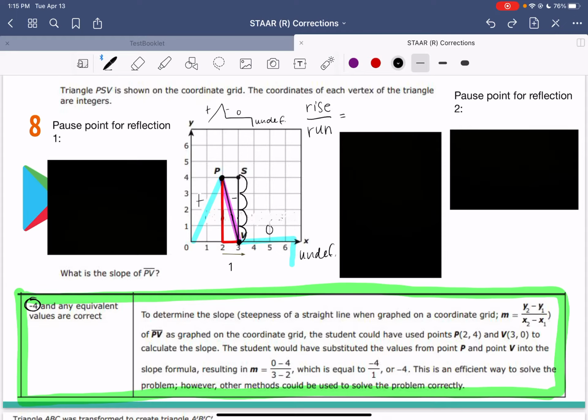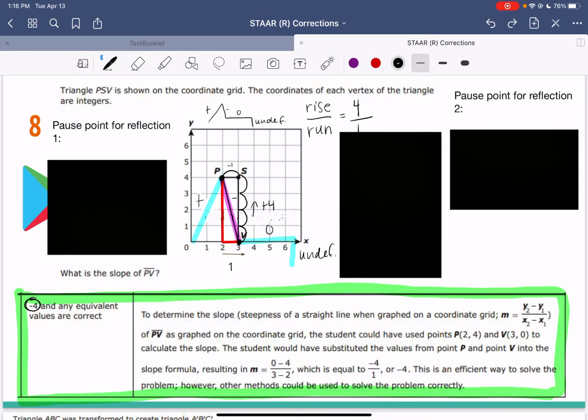So our rise is going to be 4, and our run is going to be 1. So we have that 4 over 1, and the problem here is that when we go to the left, that's a -1. If we go up, that's a +4.